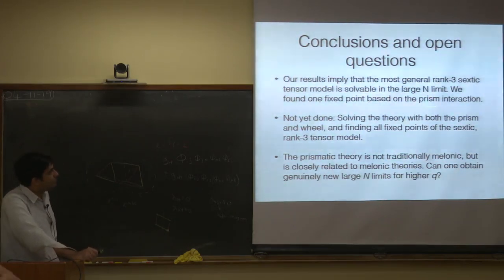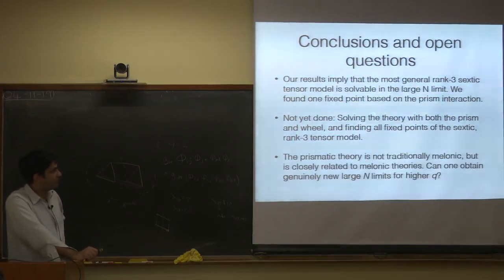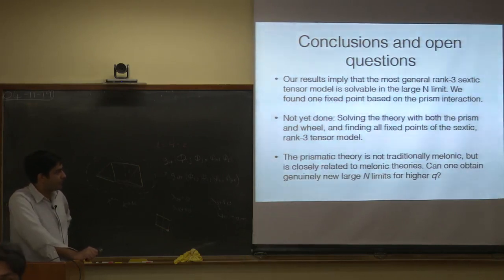So from the graph, we found the most general rank 3 sextic tensor model can be solved, and you can study it at different levels of care. We've not looked at even a prism and a wheel, which would have a new fixed point.